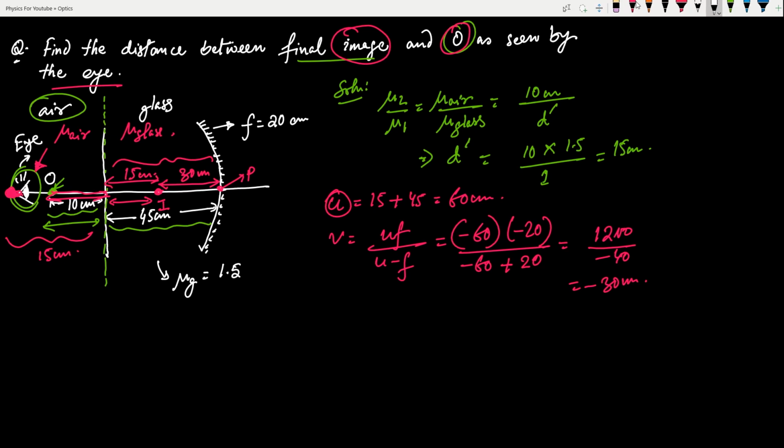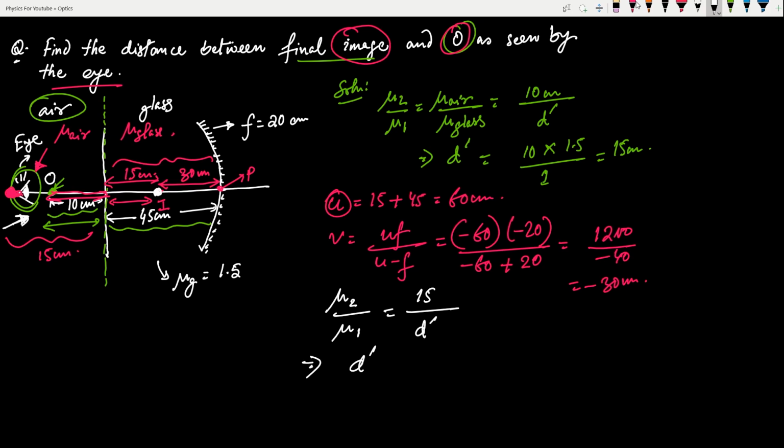So very easy. Now we are watching from here. Okay, look into the diagram. We are watching from here and the object is here. Okay, so since the object is in medium glass, therefore the refractive index mu2 will be taken as that of glass, isn't it? And this is real depth. Real depth is 15 centimeter, and the apparent depth we need to find out.